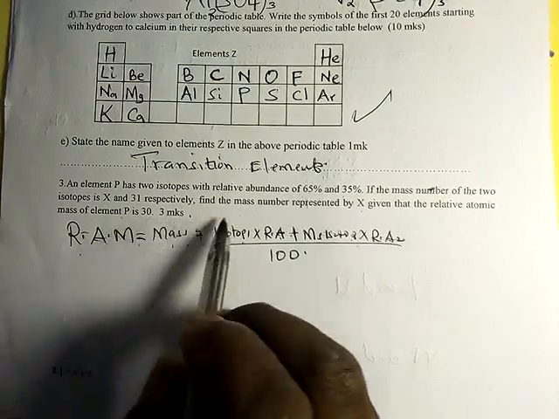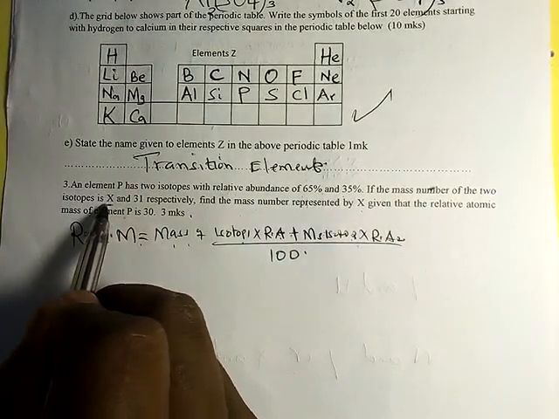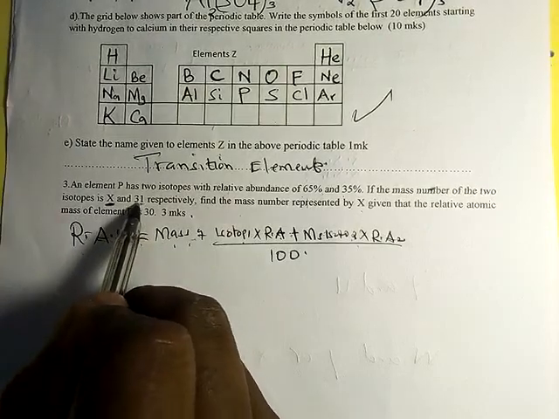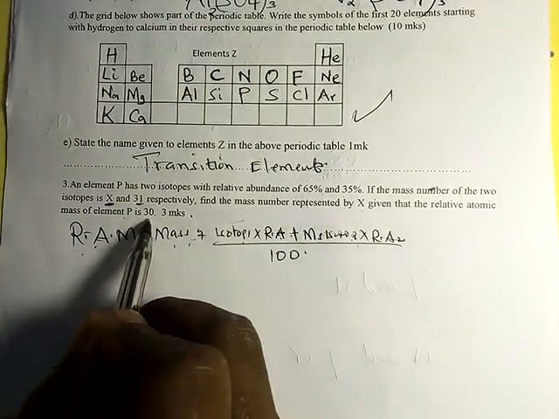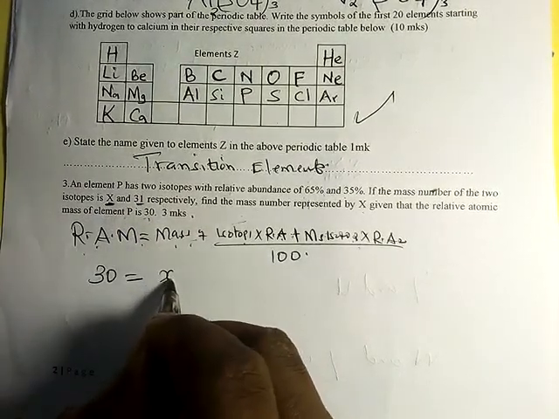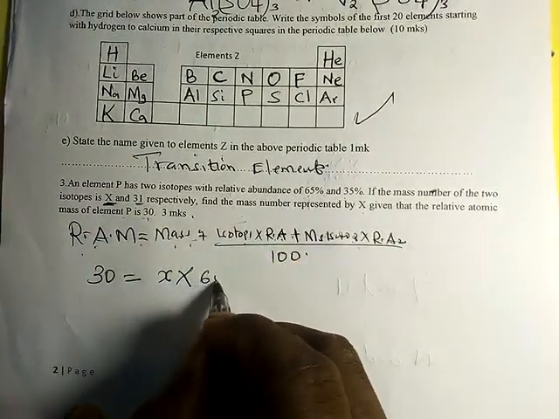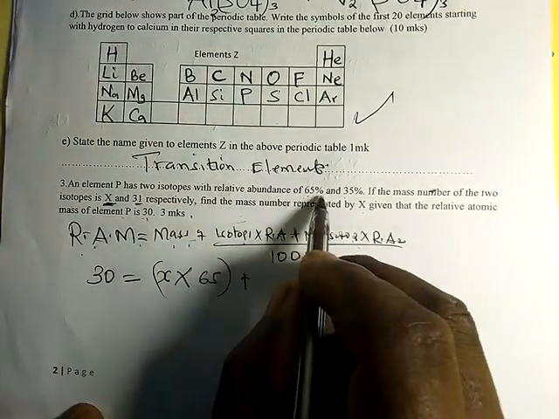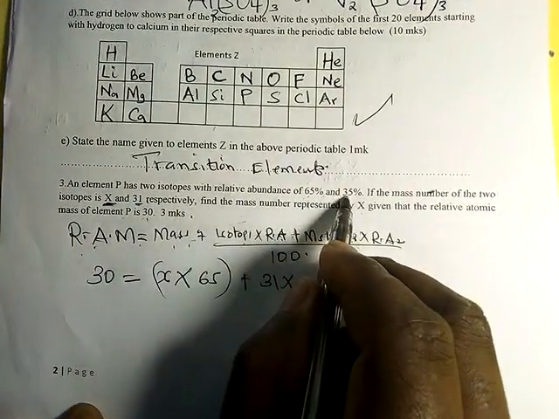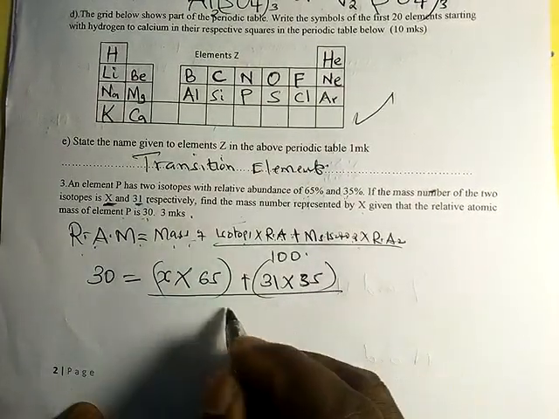Now for this one, we have two isotopes. One is X, the mass is X. Another one is 31. But we have the RAM, which is 30. So we say that 30 equals the mass of the first one, which is X, times its relative abundance, 65, plus the second one, 31 times its relative abundance, which is 35, everything over 100.